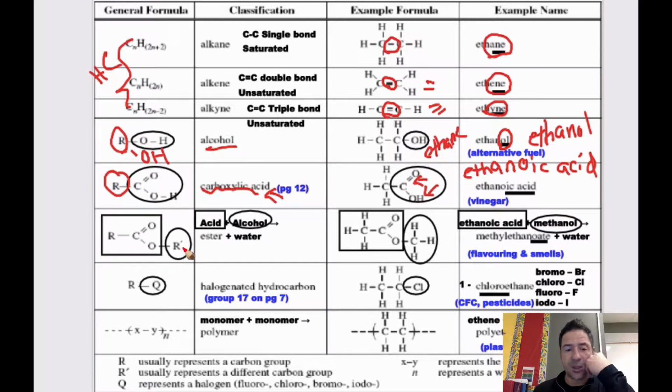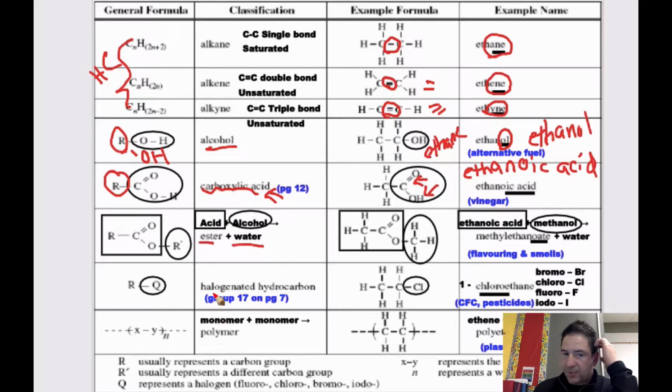In a different video we'll talk about some examples and some properties and characteristics of each of these. The next one is a little trickier. Sometimes this gives people problems, but it is an ester. The esterification reaction, which is what this is showing, is if we take an acid plus an alcohol, we're going to get an ester and water.